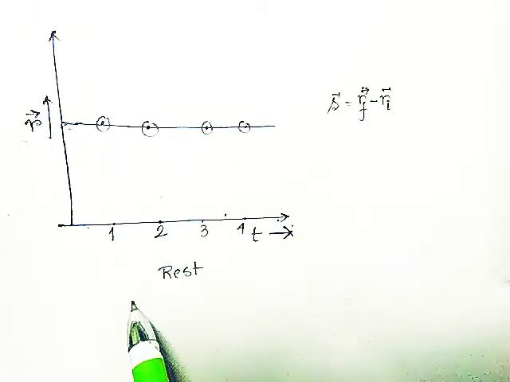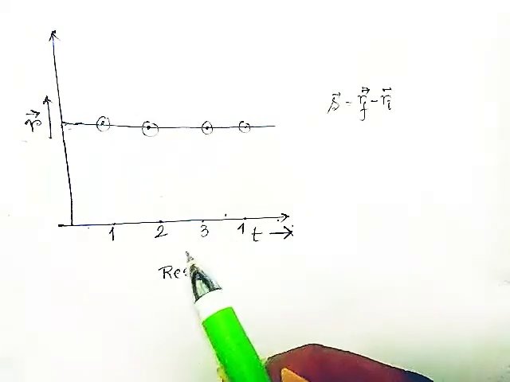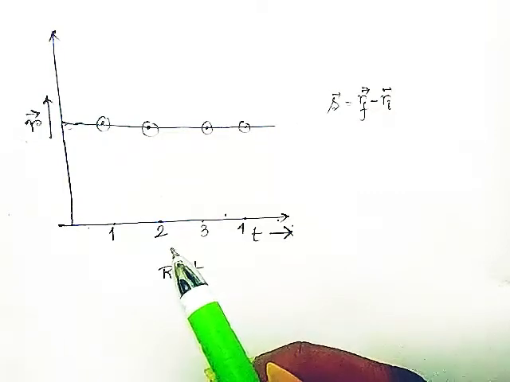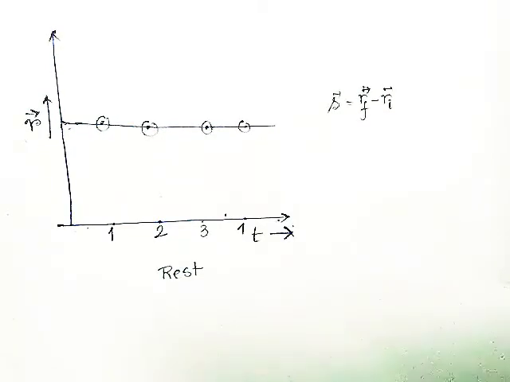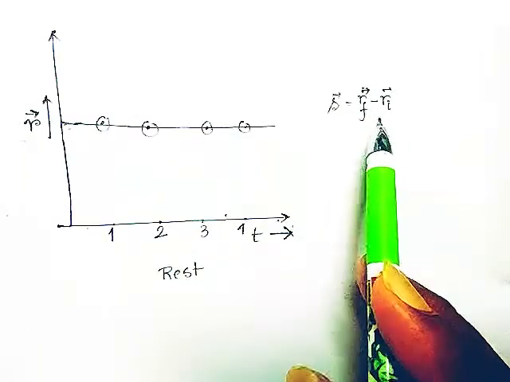So if I want to find the displacement of the tree, does it move with respect to time? There is no question of moving from the initial position to the final position. It is not actually moving. We can say mathematically that the initial position and the final position are the same with increasing time.